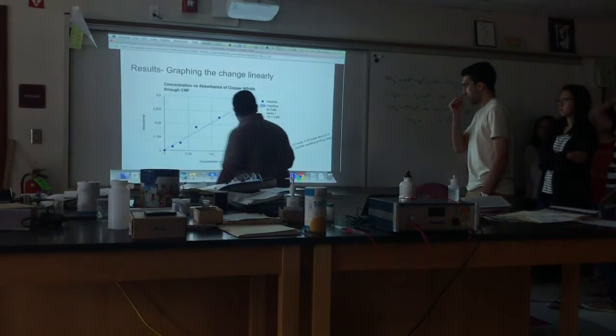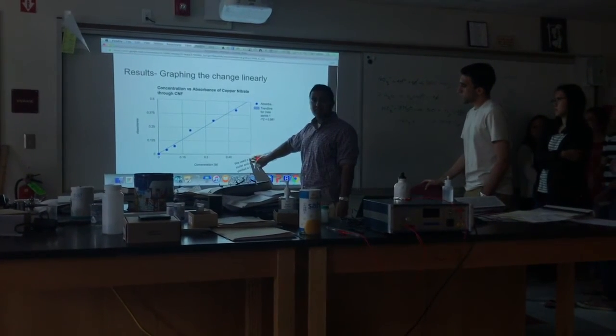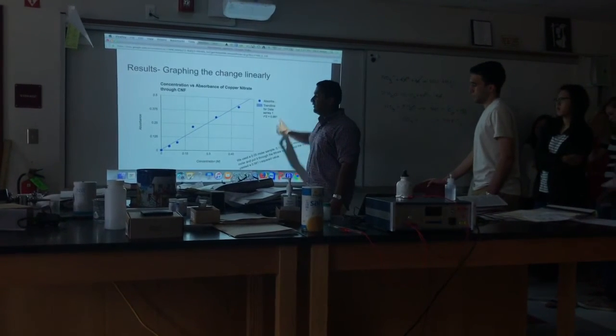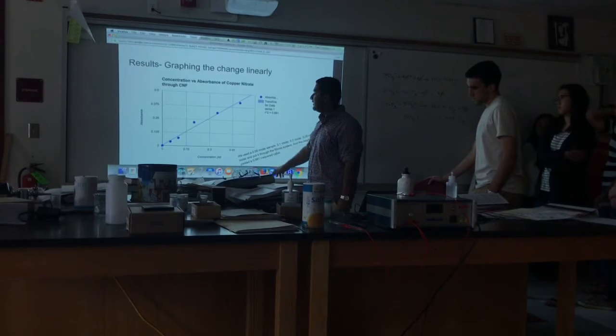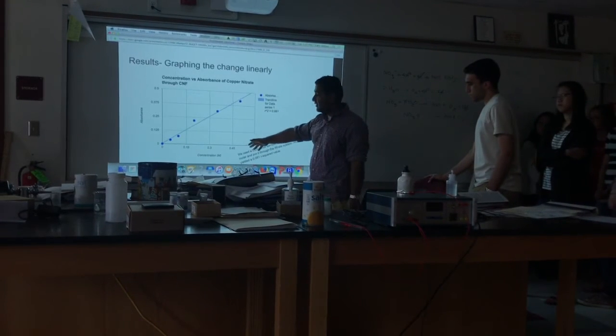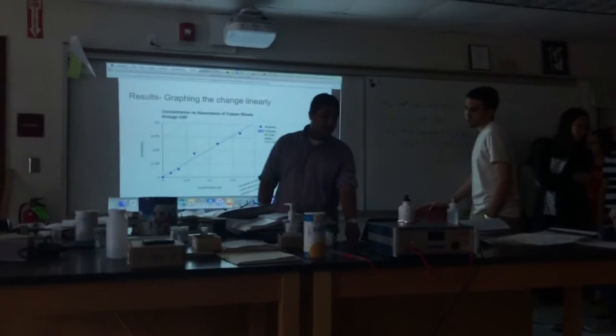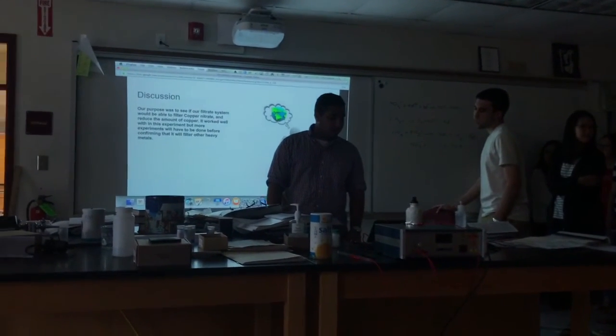Past this certain concentration, we didn't test it, so we can't know if it will still have that same constant effect. But between the range that we tested, it did. And a 0.98 R-squared value is pretty good.